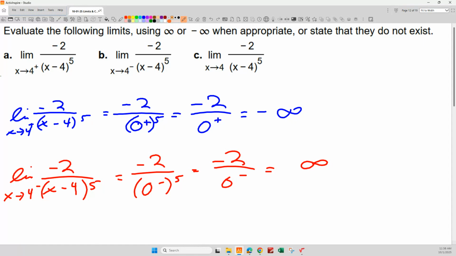Part B, it doesn't exist, but it approaches infinity. Part C, it's a two-sided limit and they don't agree, so I don't get to say anything, because they don't have consistent behavior from the left and the right. So all I can say about C is DNE. Okay?